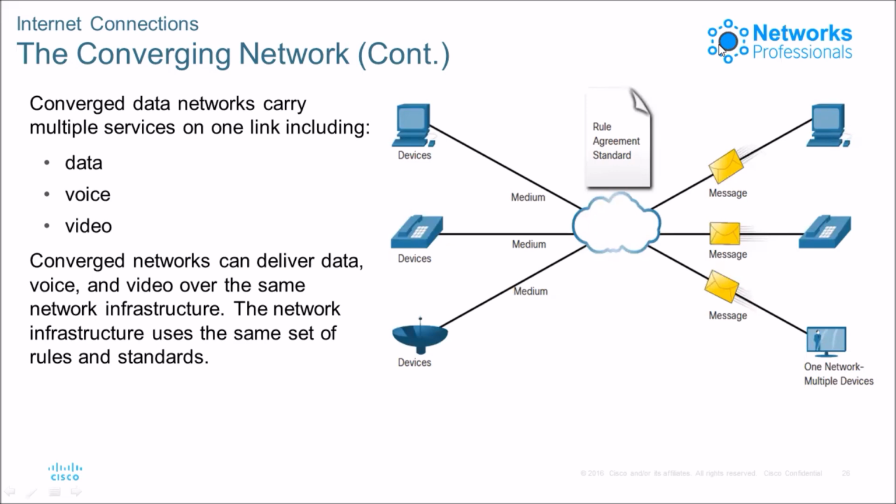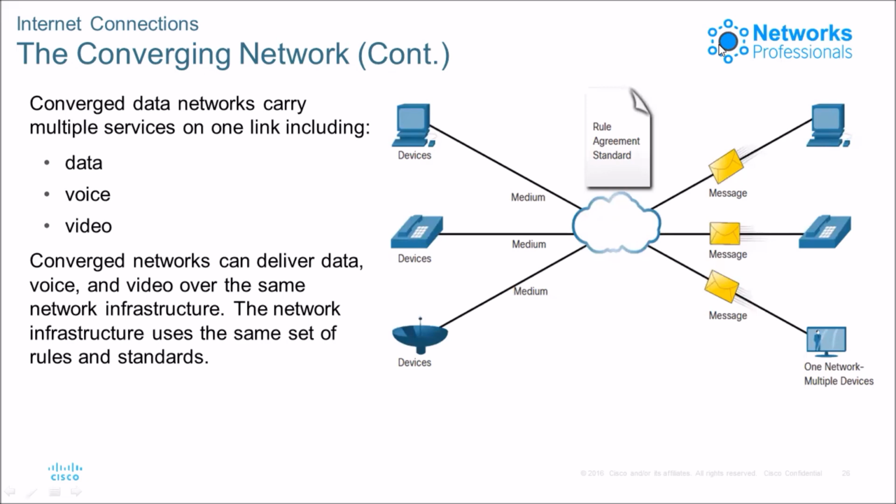Unlike dedicated networks, converged networks are capable of delivering data, voice, and video between many different types of devices over the same network infrastructure. This network infrastructure uses the same set of rules, agreements, and implementation standards. Converged data networks carry multiple services on one network.